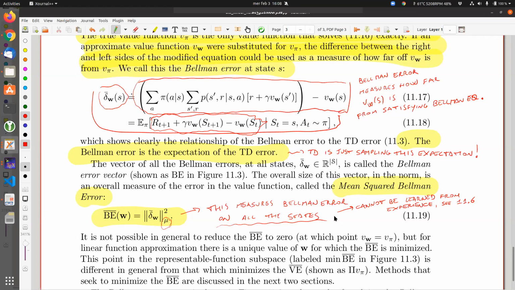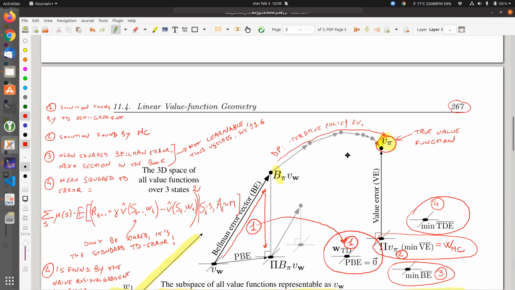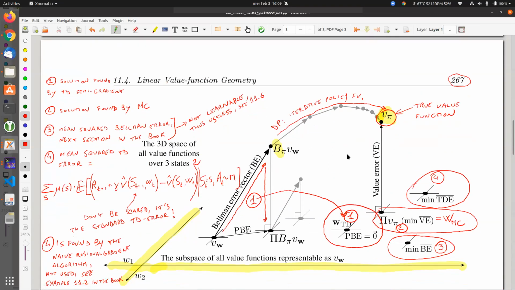And in the picture that I'm going to explain here, this Bellman error is shown by BE, where it is, okay, here, this one. Okay, now, oh, this one, sorry. This one.